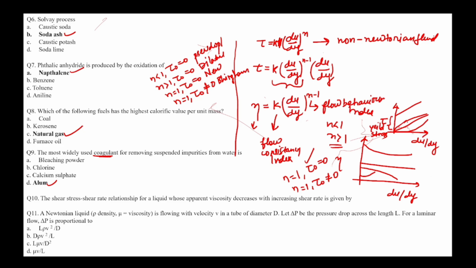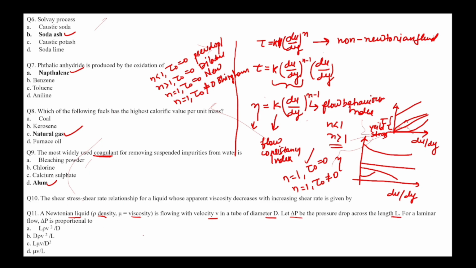Okay, so moving to the next question. A Newtonian liquid of density and viscosity mu is flowing with a velocity v in a tube of diameter d. Let del p be the pressure drop across the length L for laminar flow.